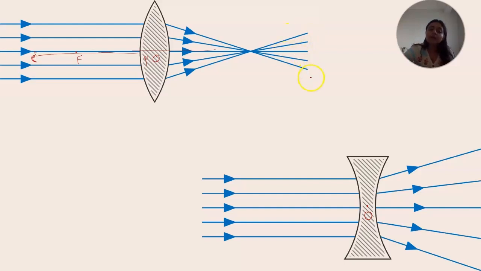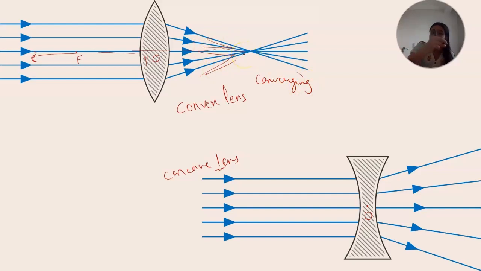Here you can see the major difference between the convex lens and the concave lens, because they are poles apart from the spherical mirrors. The convex lens is converging the light. You can see it is intersecting, converging at a point.